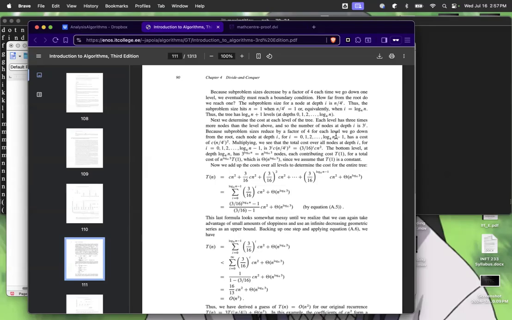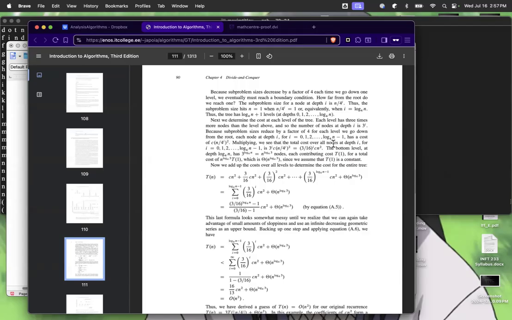Because the subproblem size reduces by a factor of 4 for each level we go down from the root, each node at depth i, for i equals 0 to log base 4 of n minus 1, has a cost of c of n over 4 to the i squared.